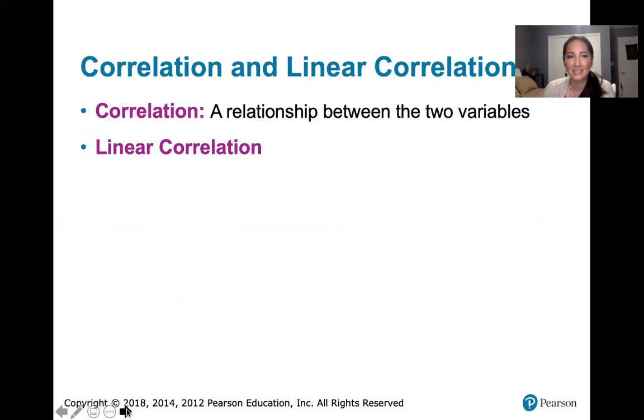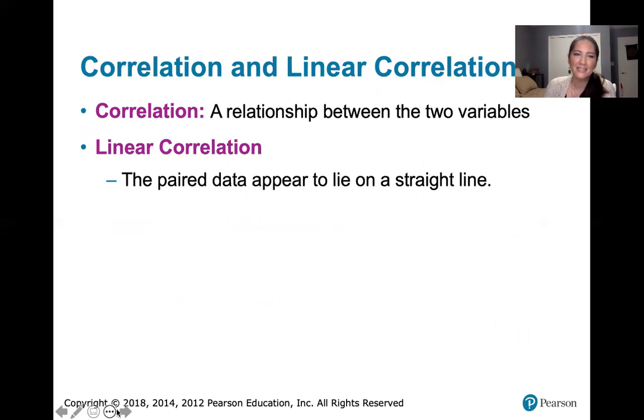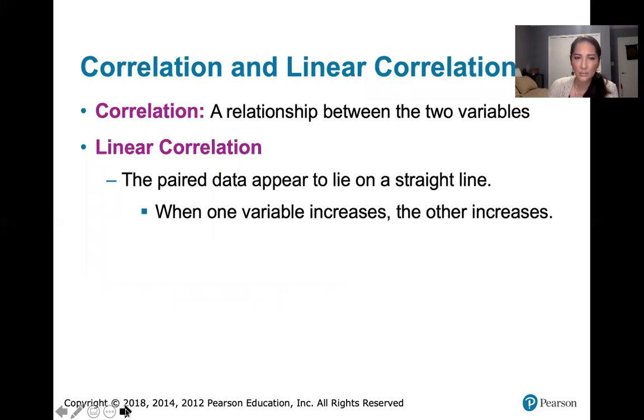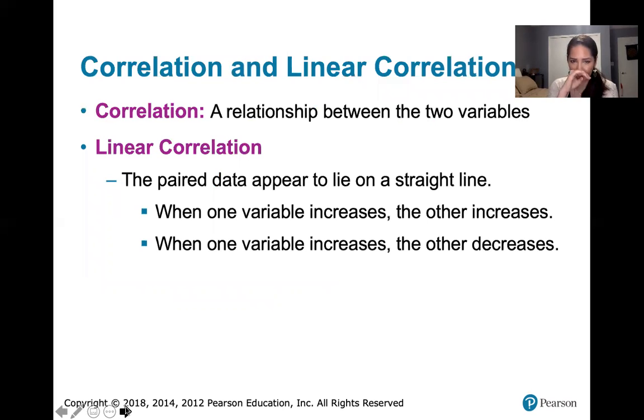A linear correlation suggests that the paired data appear to lie on a straight line. It does not have to be a perfect straight line, but it has to have what seems to be a constant slope as you go from left to right. As one variable increases, the other one increases.